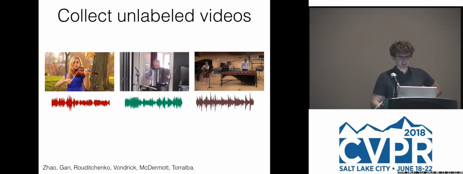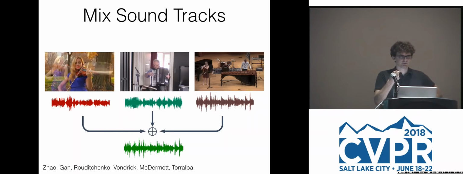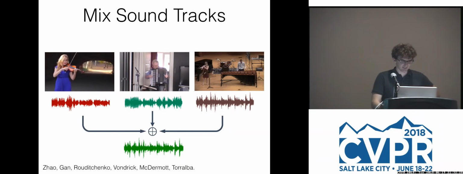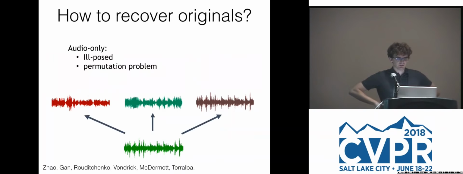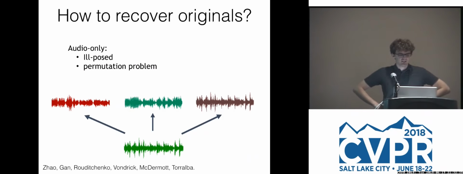And since it's additive, we can just combine all of them together. And what you hear is this kind of jumbled sound like this. So what we want to do now that we have this jumbled sound, which we can get essentially for free, is train a model that tries to go backwards. It tries to take this jumbled sound and recover the original components.